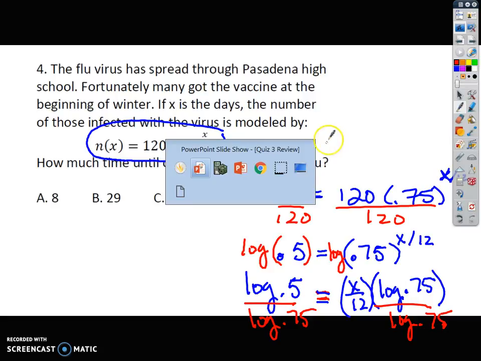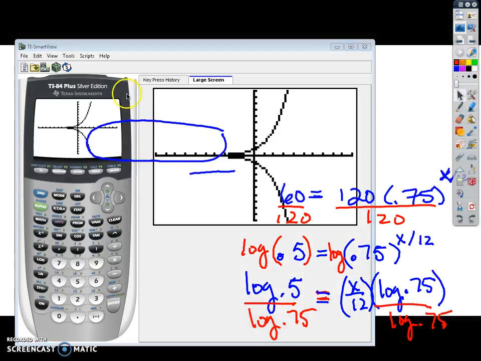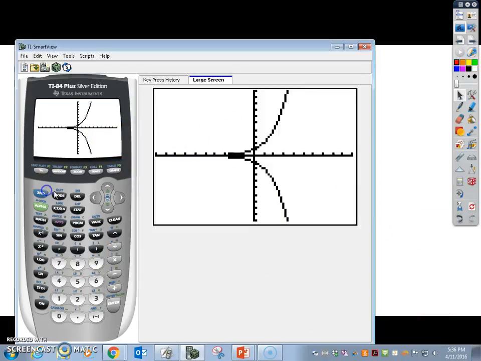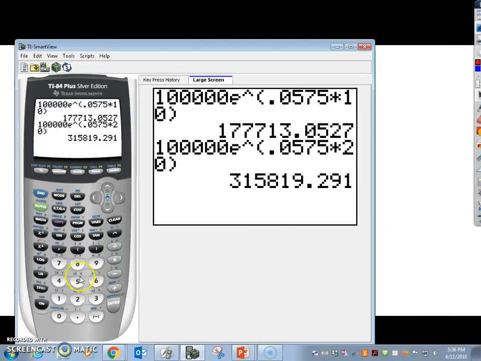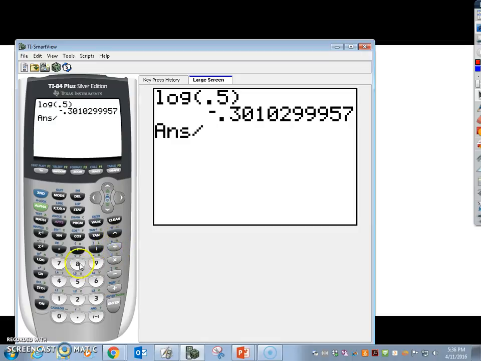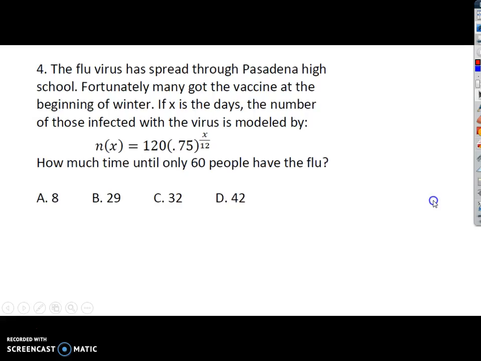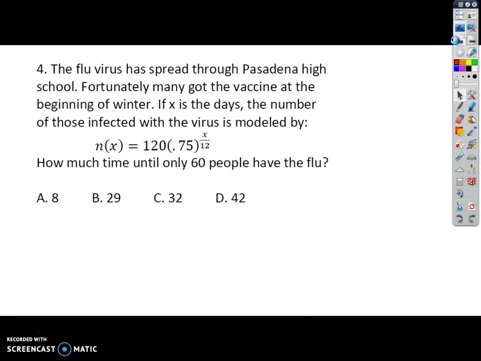So let's see what that is. Log of 0.5 divided by log of 0.75 is 2.41.